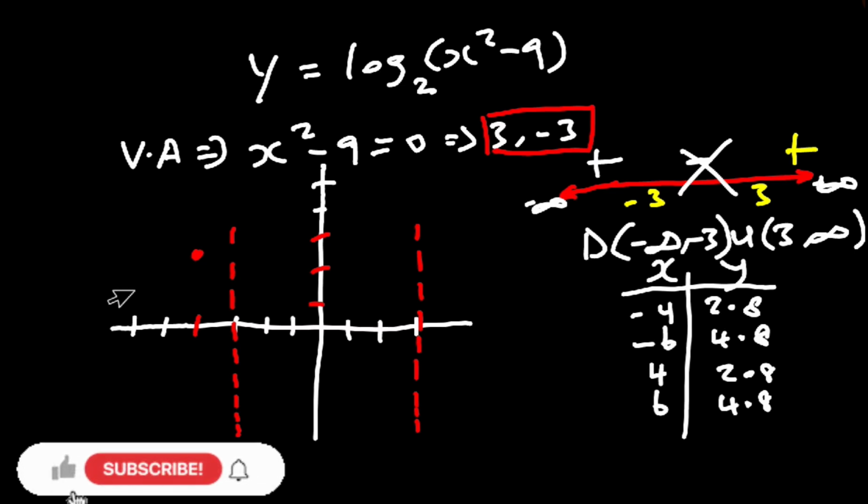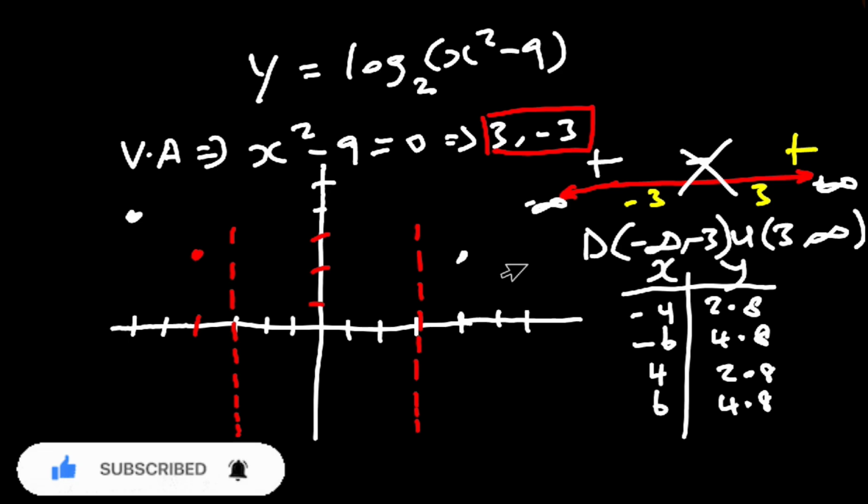So here is -6. We have 1, 2, 3, 4. 4.8 is within this region, so that is here. When x is equal to 4, y is 2.8. We have 1, 2, 3, 4, and 2.8 is somewhere within this region. When x is equal to 6, y is 4.8.